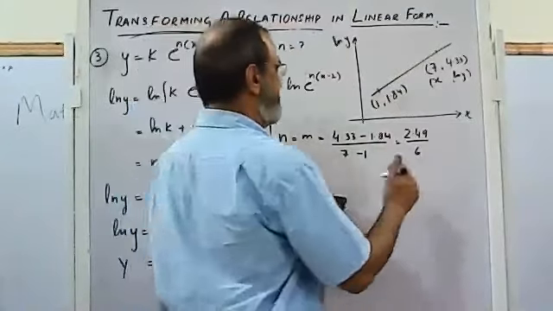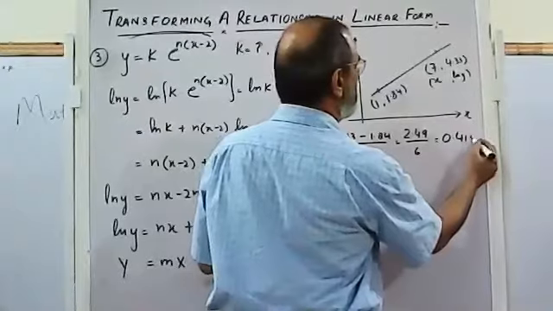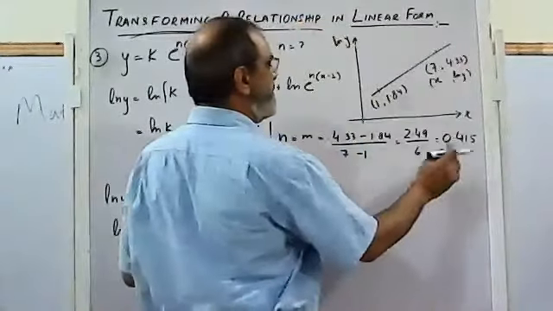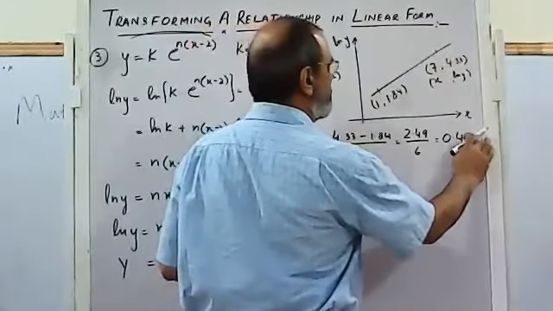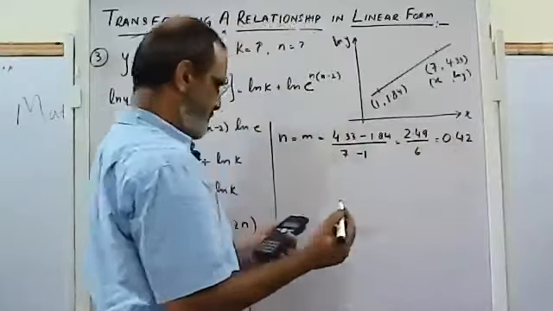It is 0.415. We have to give the answer correct to two significant figures, that will be 0.42. So the value of n is 0.42.